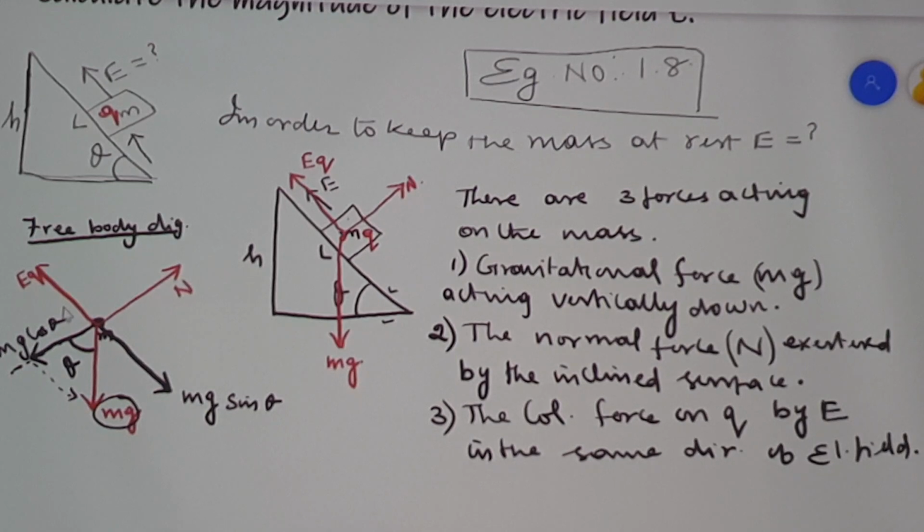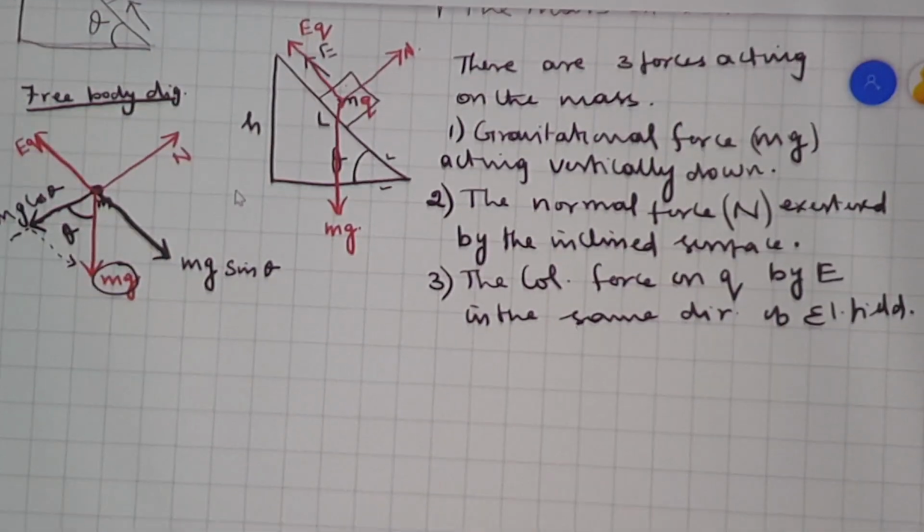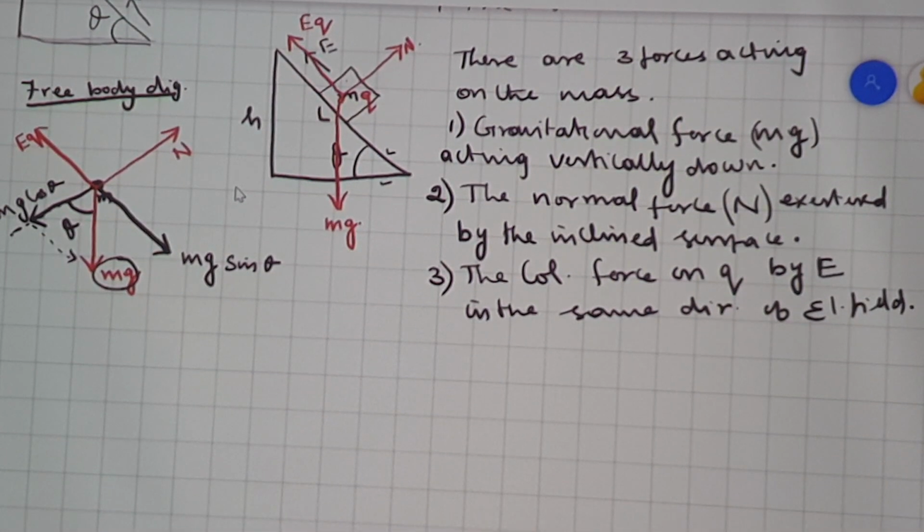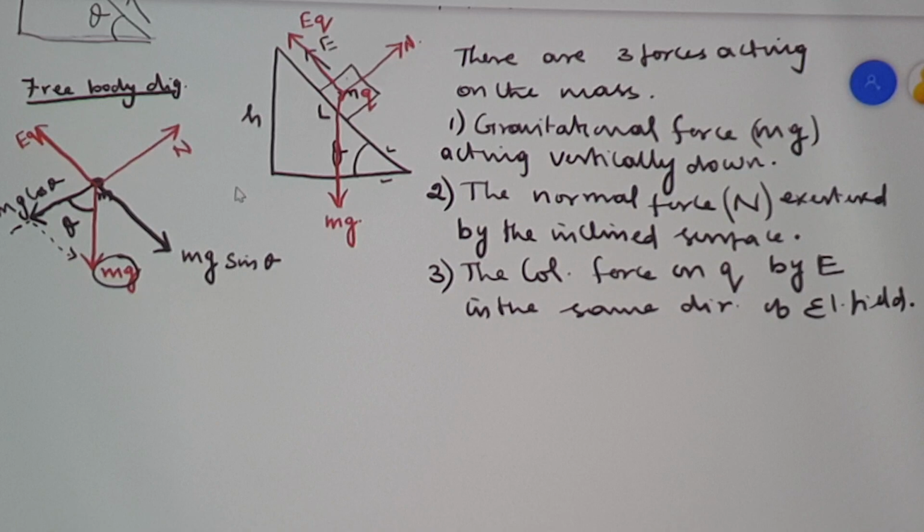So mg is resolved into two components. One is mg sin theta, acting parallel to the electric field but opposite to the electrical force. Another is mg cos theta, opposite to the normal and perpendicular to mg sin theta.